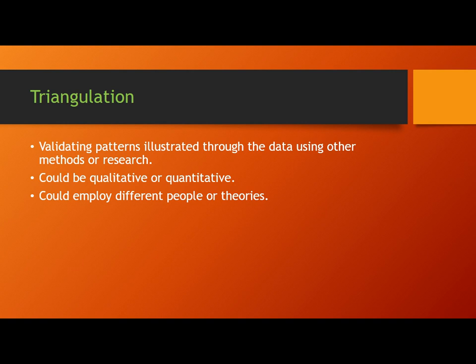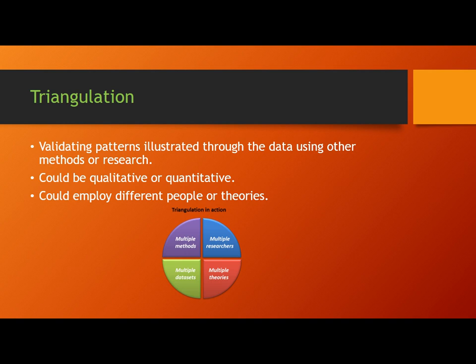Again, getting out of the hermitage of your own habits and your own thoughts is sometimes one way to increase credibility when you're discussing and analyzing a theory or formulating a hypothesis. Look at this. Triangulation in action. Multiple methods, multiple researchers, multiple theories, multiple data sets. Do you see the theme?